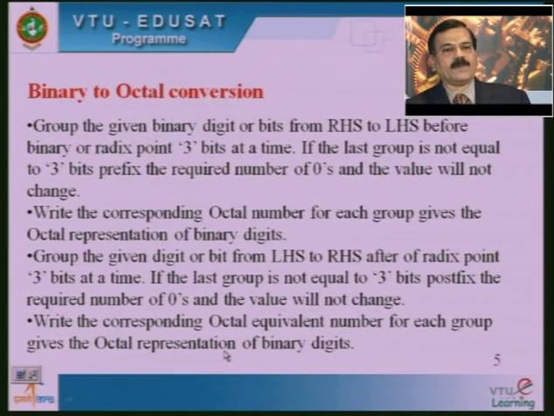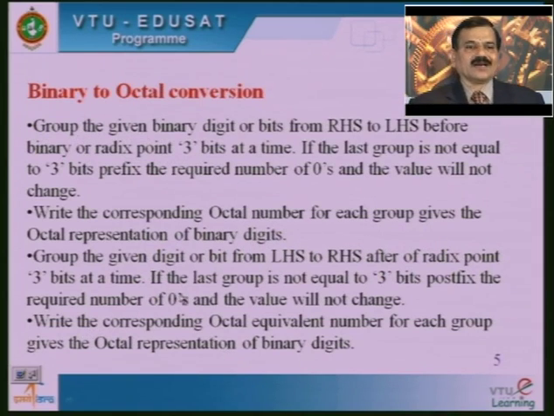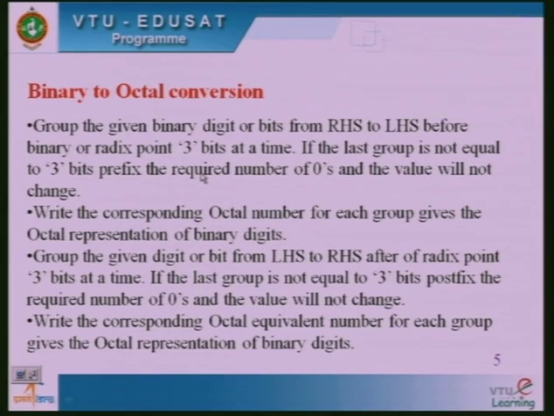Next topic, binary to octal conversion. Here also we are going to follow certain procedural steps. First step, group the given binary digits or bits from RHS to LHS before the binary or radix point, three bits at a time.